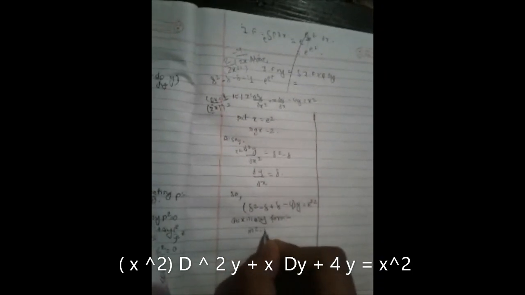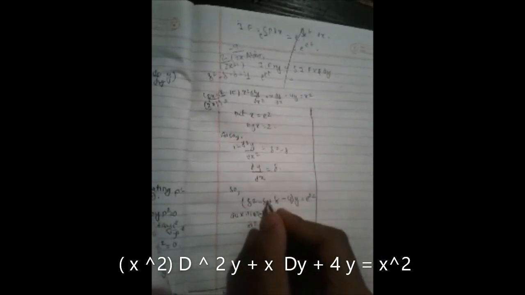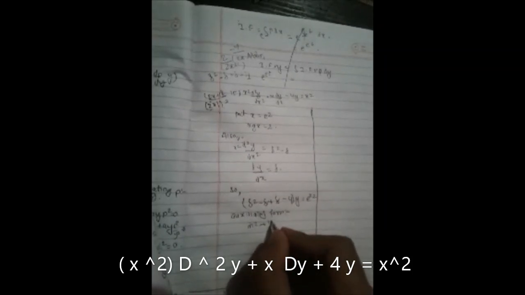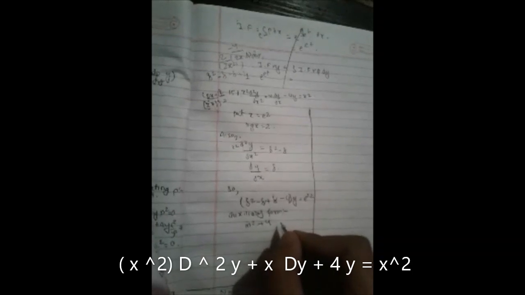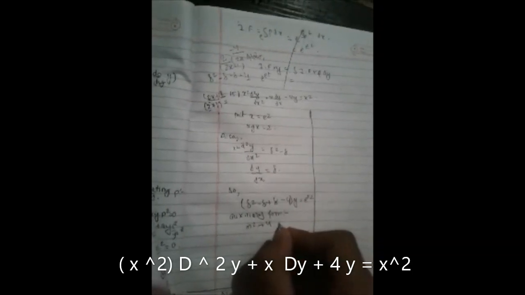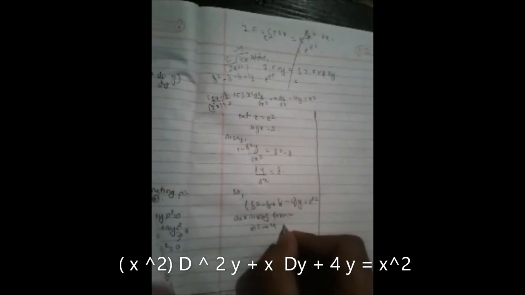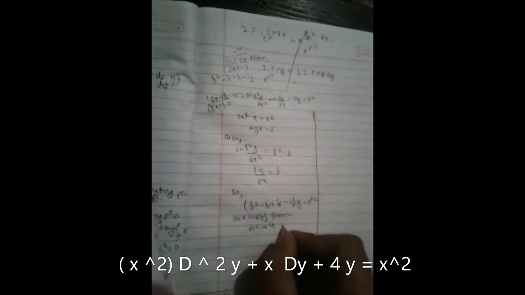M square minus m plus m minus 4, this and this cancel, so m square minus 4. Sometimes it may not cancel; we have done that in another tutorial, which you can watch on my channel.